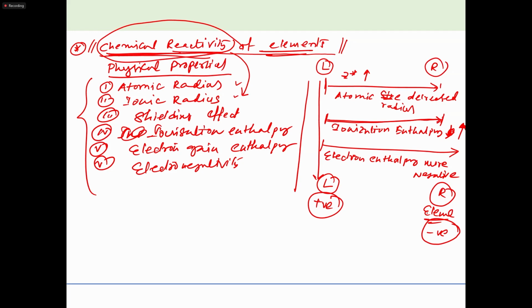So without those, the right side elements have the more negative electron gain enthalpy, and the left side elements have the more positive electron gain enthalpy.